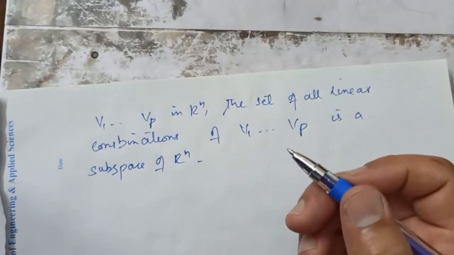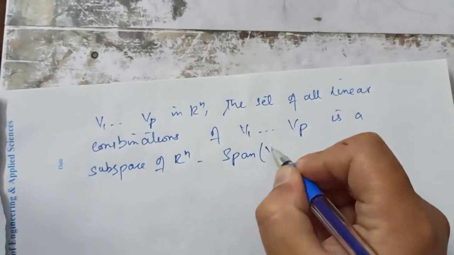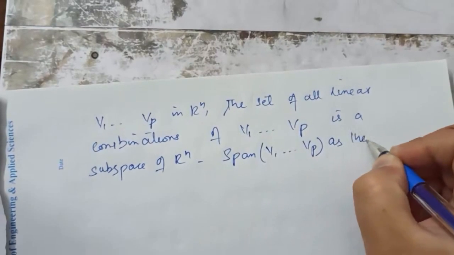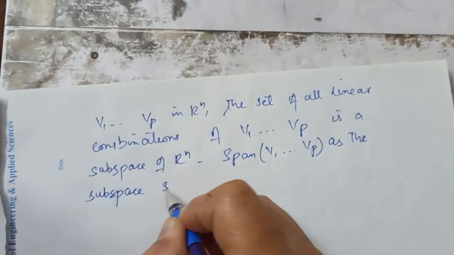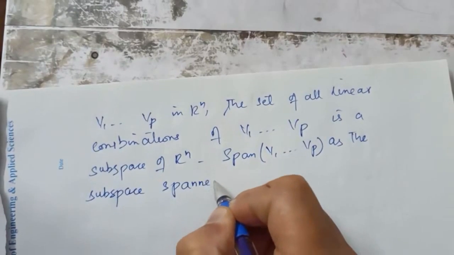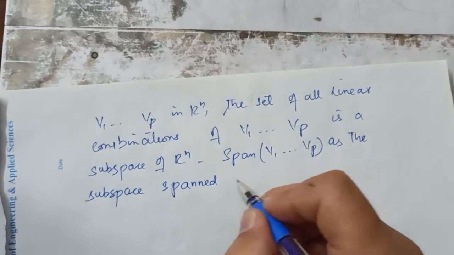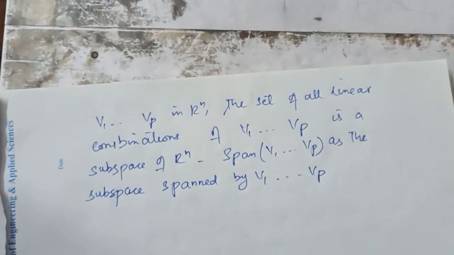We can now start saying that the span of v1 to vp is the subspace spanned by, or in fact generated by, v1 to vp.